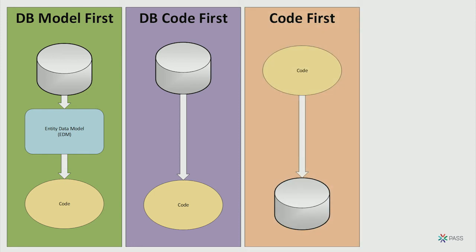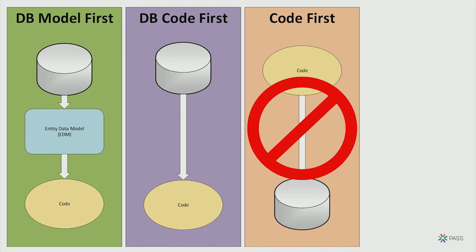But we do have this thing called code first, and what this does is you write the code, and Entity Framework creates a database based on the code that you write. Anyone deal with development teams that do this? It's horrible. So I actually side with the DBAs, and I tell people don't do this.